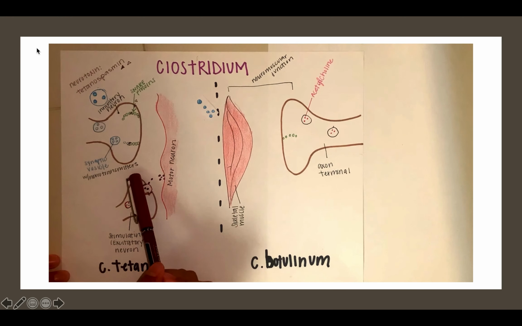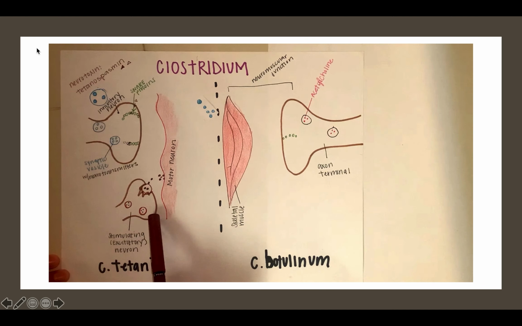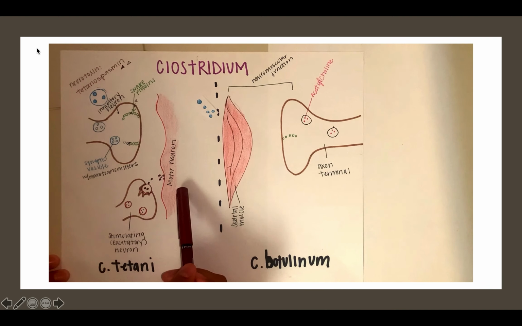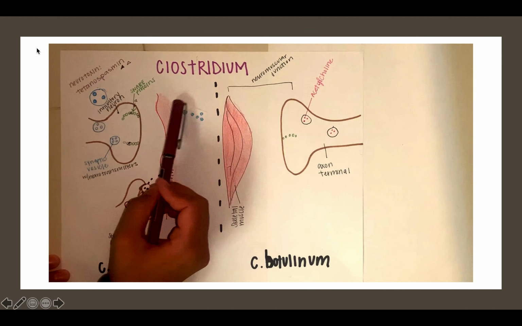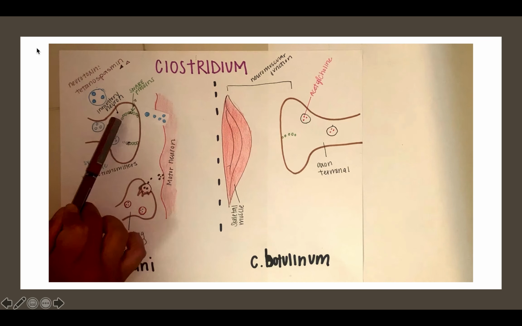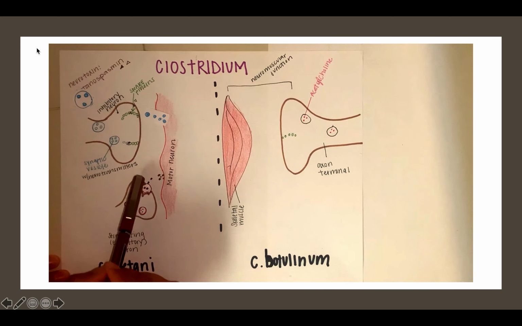And when this happens, the stimulating excitatory neuron continues to send these neurotransmitters. So that means that it's continuing to contract. If it was acting normally and these neurotransmitters were also coming out, then they would counteract each other and cause the contraction to stop.